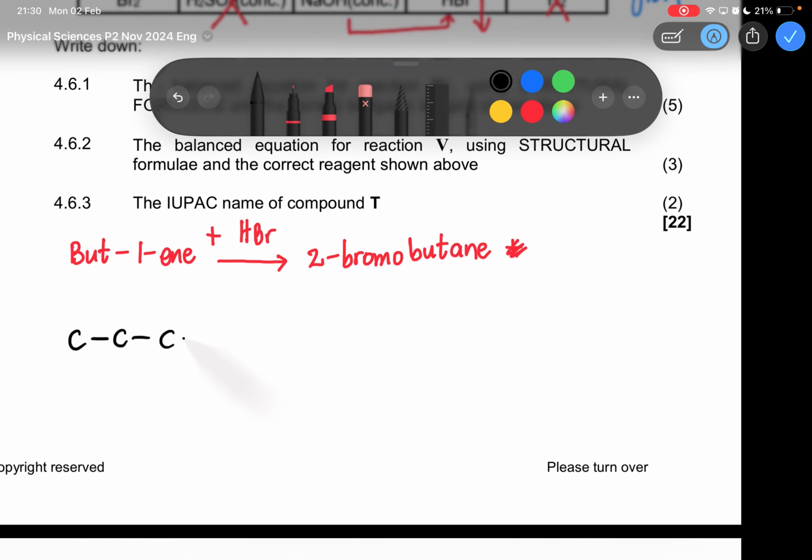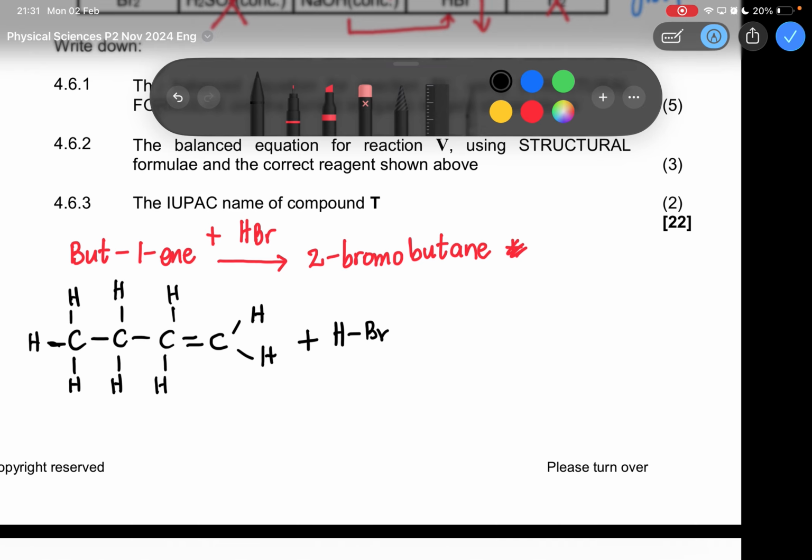Then plus HBr, and this will then give us this.